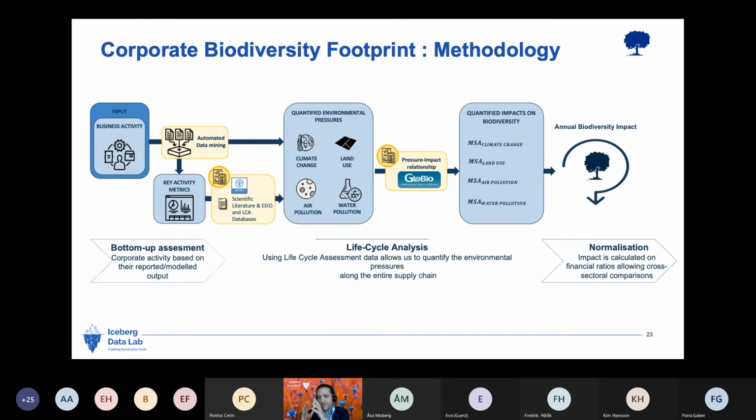In terms of concentration, we have 20% of the constituents amounting for 80% of the total impact, and it's widely distributed between pressures. In the agri-food, that's change of land use. In the mining sector, that's water pollution. In the equipment sector, that's climate change and air pollution, and so on. An interesting lesson learned is that the merit order is not similar to climate.